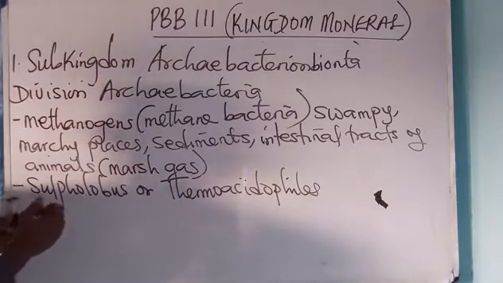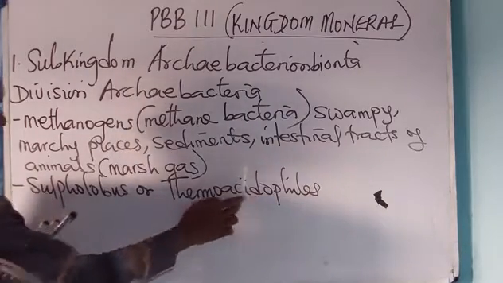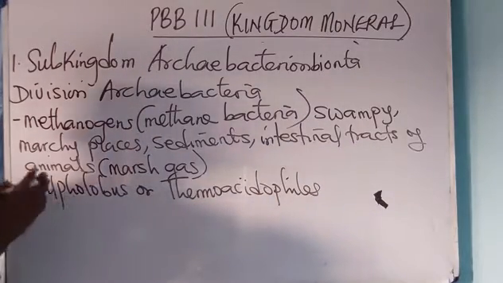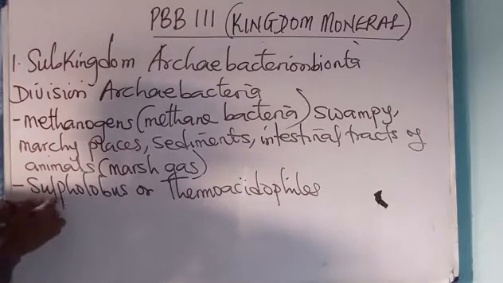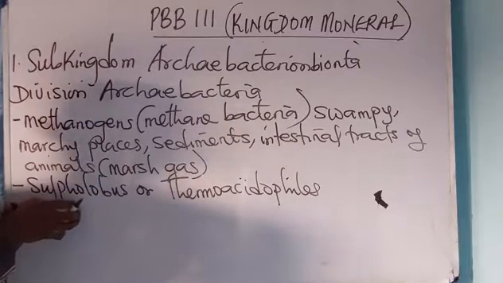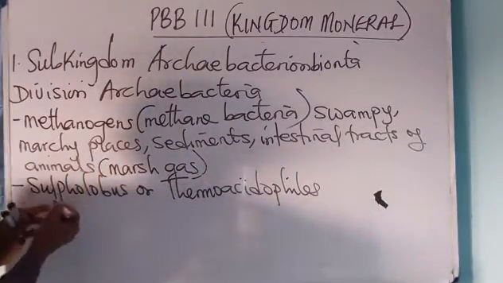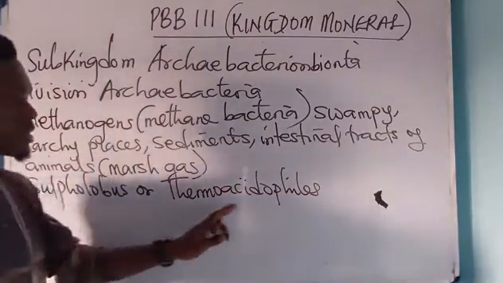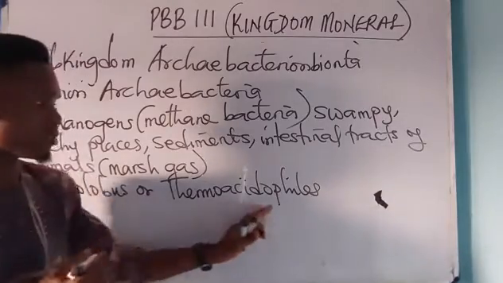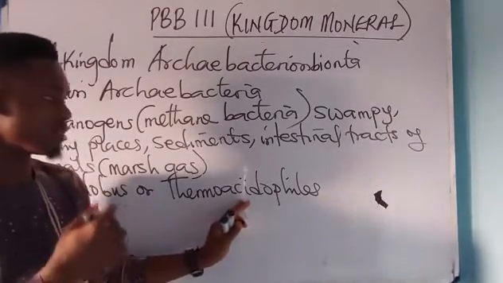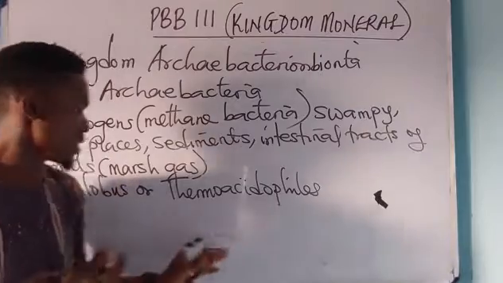Acid, sorry. They're found in a place where sulfur and acid are in abundance, like a place where there's sulfur and what? Acid, acidophiles. They are found in places where there are acids.